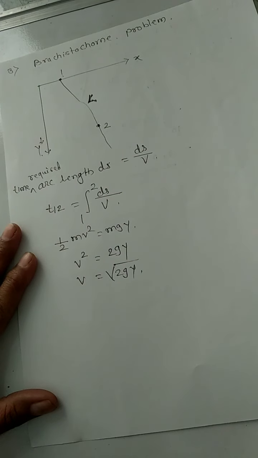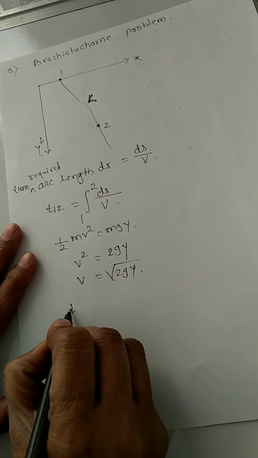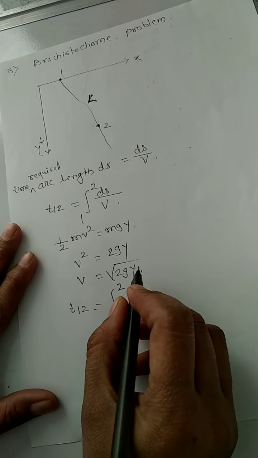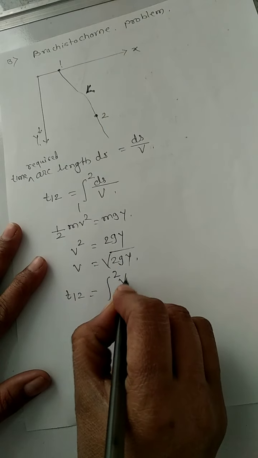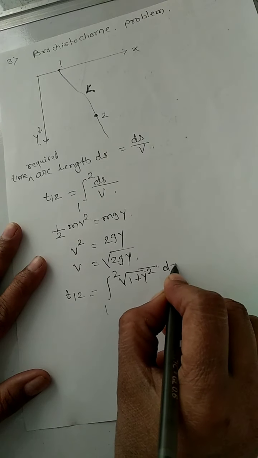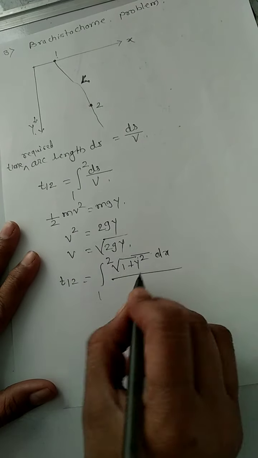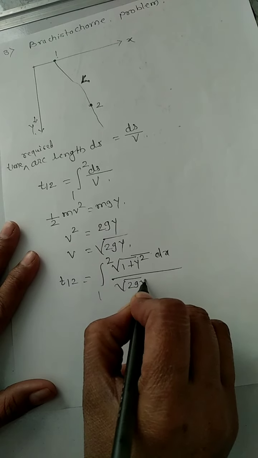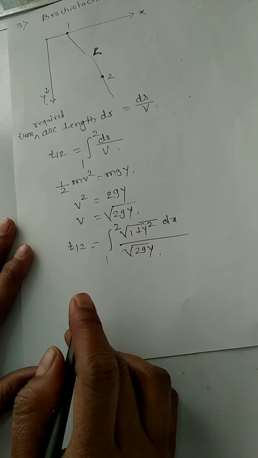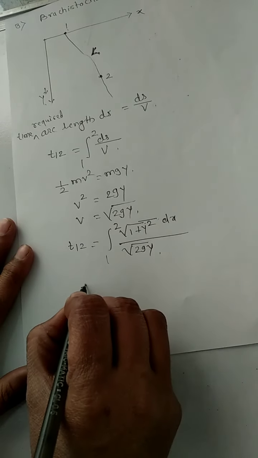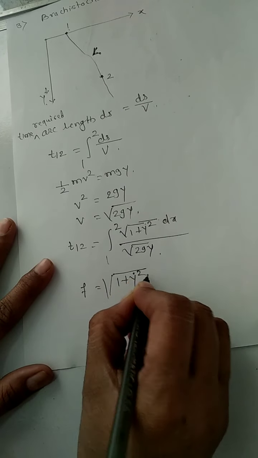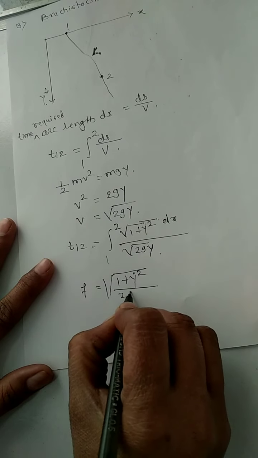Then the expression for T12 becomes the integral from 1 to 2, where ds is equal to the square root of 1 plus y dot square dx, and v is the square root of 2gy, and f is identified as f equal to the square root of (1 plus y dot square) upon 2gy.